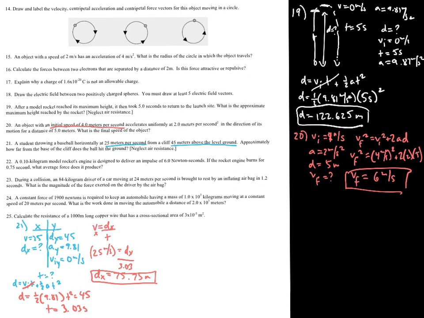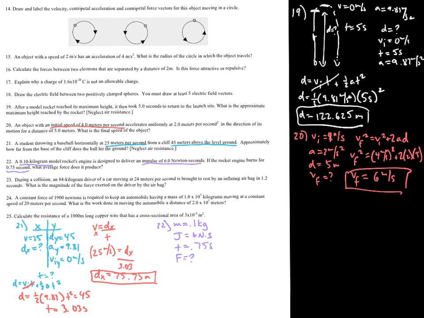Number 22: a 0.1 kilogram model rocket's engine is designed to deliver an impulse of 6 newton seconds. If the engine burns for 0.75 seconds, what average force does it produce? So the mass is equal to 0.1 kilograms, the impulse J is equal to 6 newton seconds, the time is equal to 0.75 seconds, and the force we don't know.